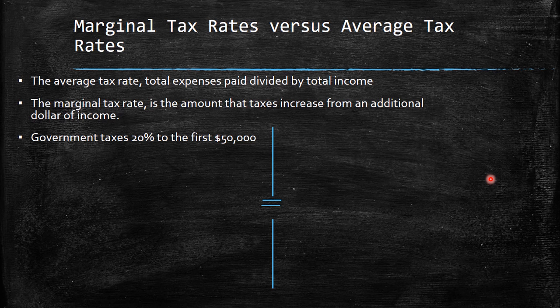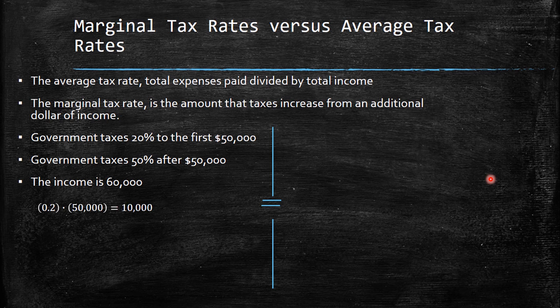So imagine that we have the government taxes of 20% to the first $50,000, but once you surpass this floor, you will arrive to taxes of 50% after 50,000. So imagine that your income is 60,000.